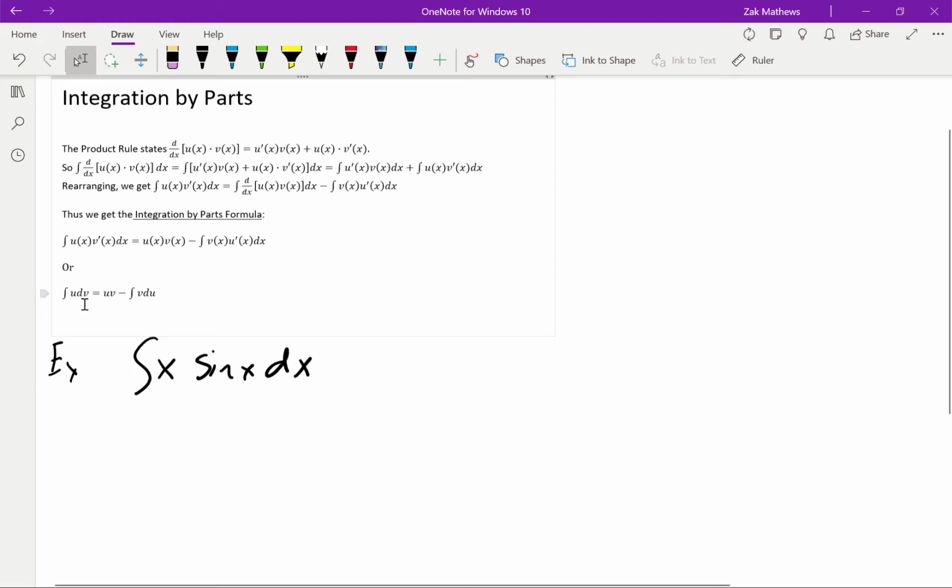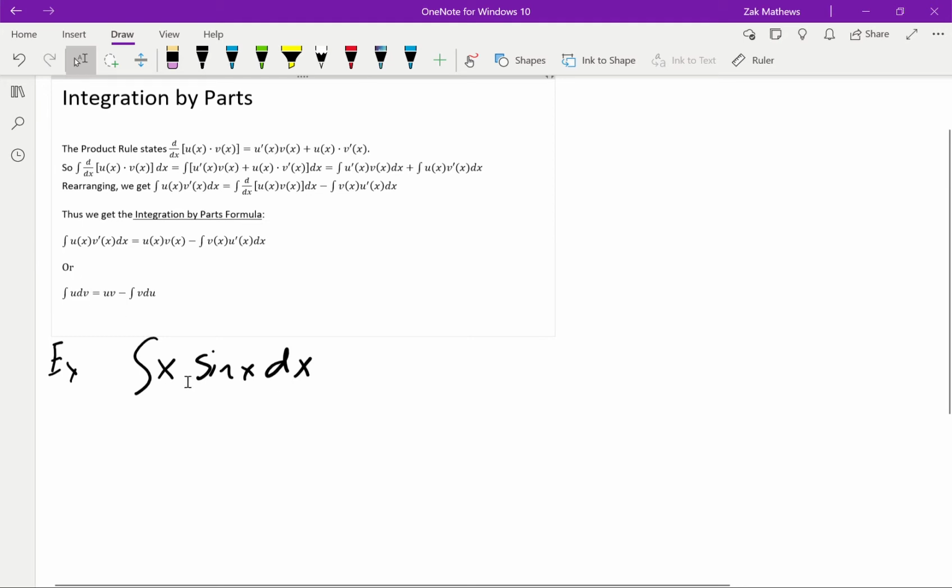When I set my u, notice on the other side is what we're taking the derivative of, I need that to become simpler and simpler. I'm going to hope to pick a u function that when I take its derivative becomes simpler and simpler. The dv is going to be the more complex function in that we are finding its antiderivative, so it can't be too complex. It can't be something that we just can't take the antiderivative of, but it's something that would not have otherwise simplified by taking its derivative.